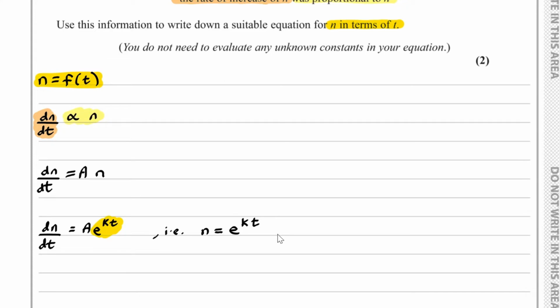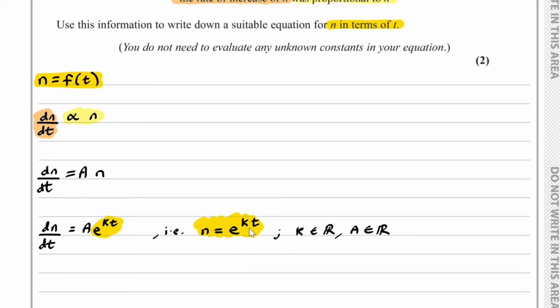So here k is a real number and a is also a real number. It's a very difficult question to understand, but you just have to recognize the property of e to the power of t.